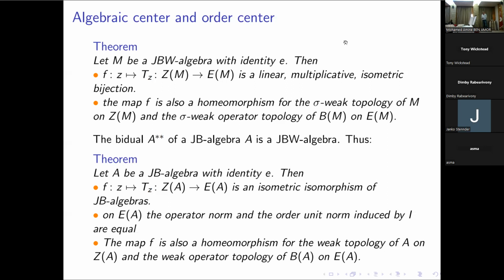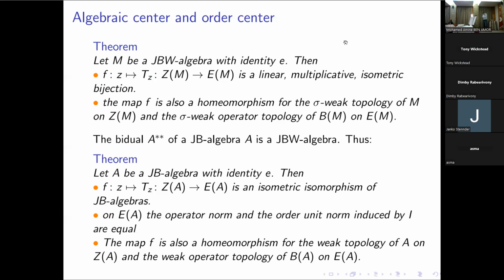We have also seen already that on the order center, the operator norm and the order unit norm are equal. And here the map is a homeomorphism for suitable topologies, namely the weak topology and the weak operator topology, and we can combine everything.